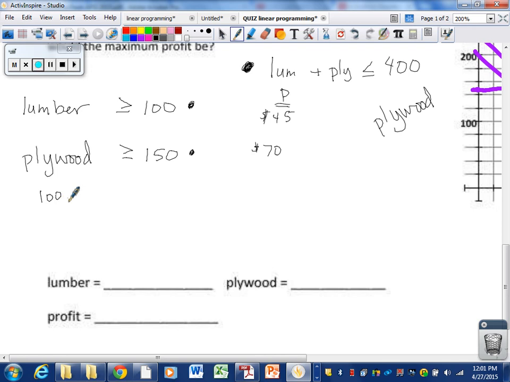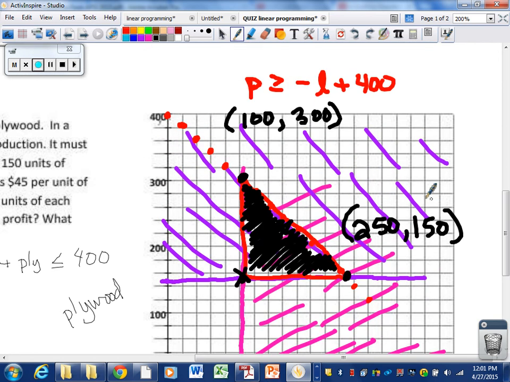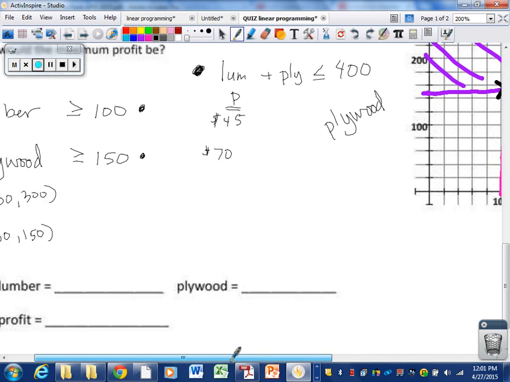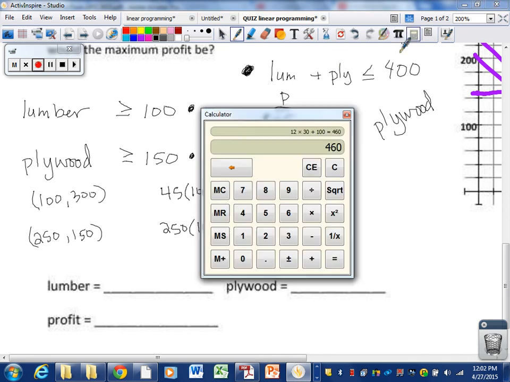Okay, 100, 300 or 250, 150. Remember, the first one is lumber. So 45 times 100 plus 70 times 300, or 45 times 250 plus 70 times 150. So back to our handy dandy calculator.